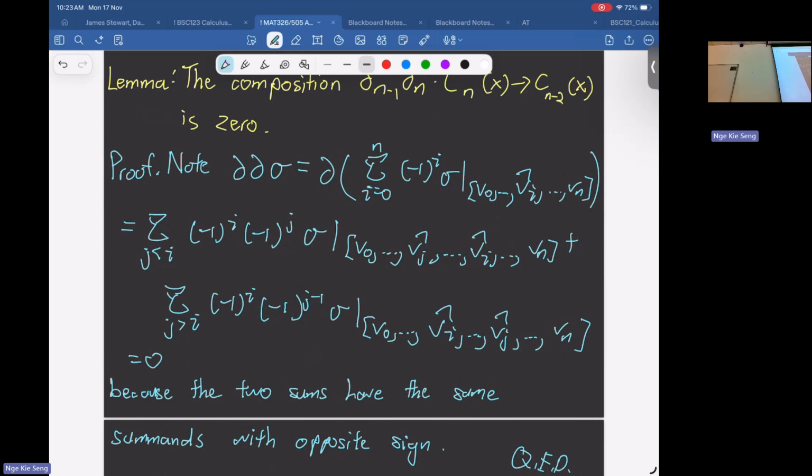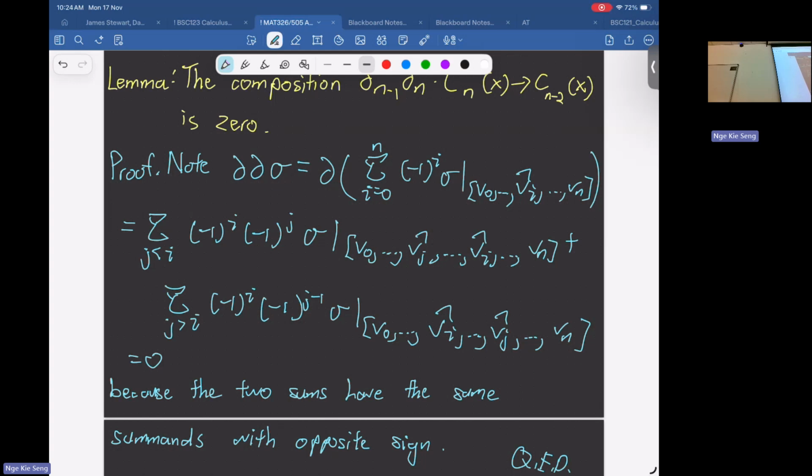So maybe we can look at this computation here. If you throw away one vertex, maybe you just throw away v_i, for example. Then the next vertex you throw away is either before v_i or after v_i. If it is before v_i, then you will have a contribution of (-1)^(i+j). But if it is after, what happens here?